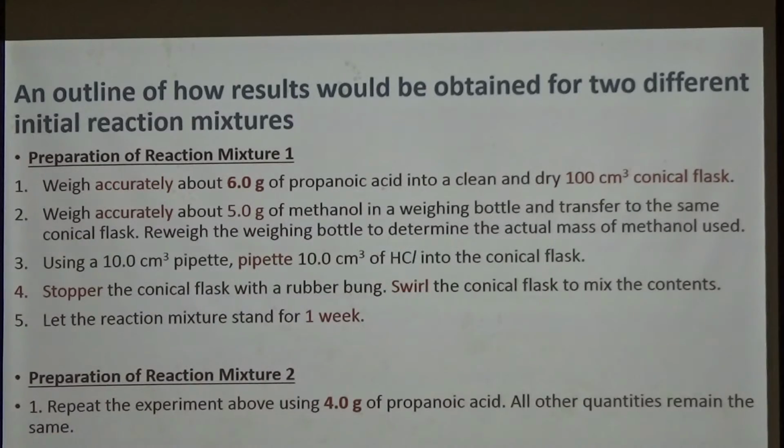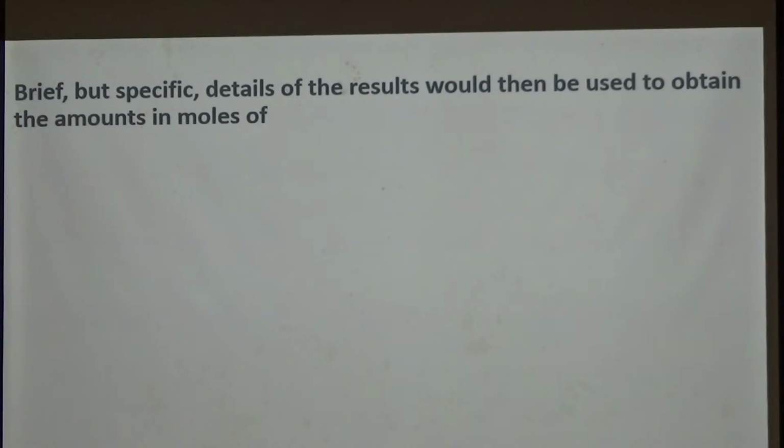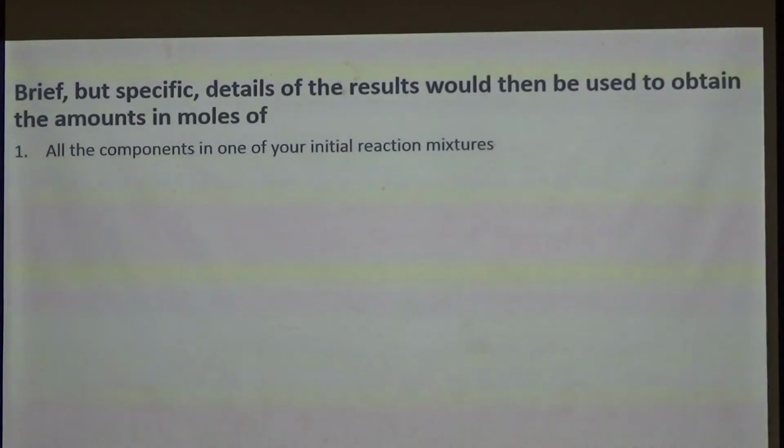Alright, so it's easier for us to determine that. Okay? As well as point number 2, the amount of propanoic acid. Point number 3, the amount of all the other components in the equilibrium mixture. Okay? Right? If you can work those out, I think you have grasped the key concepts in chemical equilibrium. Okay? Alright, 10 minutes to do that. If there's any questions, just raise your hands.